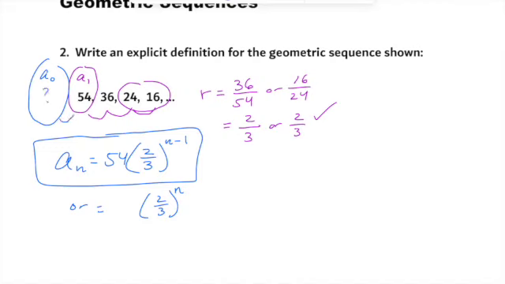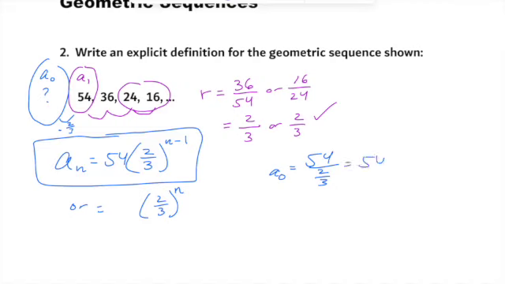If your r value is 2/3, that's what you're multiplying by each time, then you have to divide 54 by 2/3 to find the preceding term.